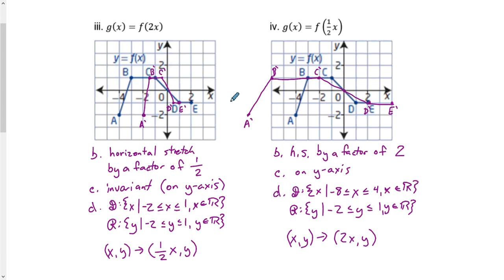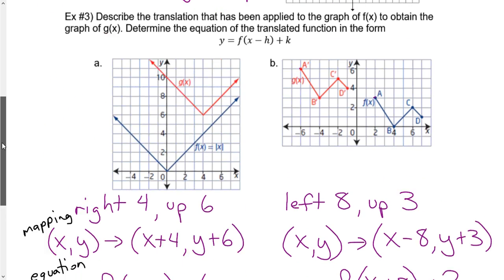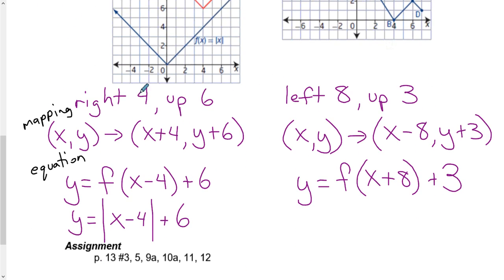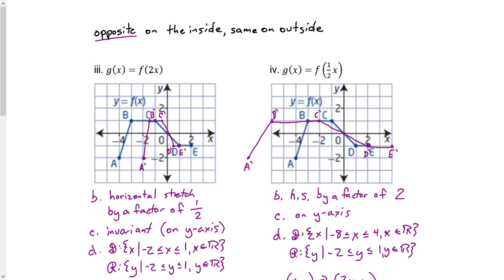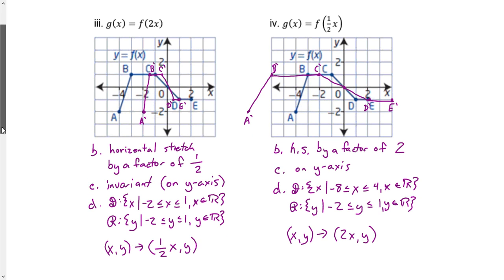So there's a few things that you'll note. Back when we talked about just the translations, we noticed that right 4 and add 4 in the mapping notation was the same, but when it was on the inside, it was that subtract. On the outside, it stayed the exact same. Up 4 plus 6, plus 6. Those mean the exact same thing. When we come to these ones, same thing.